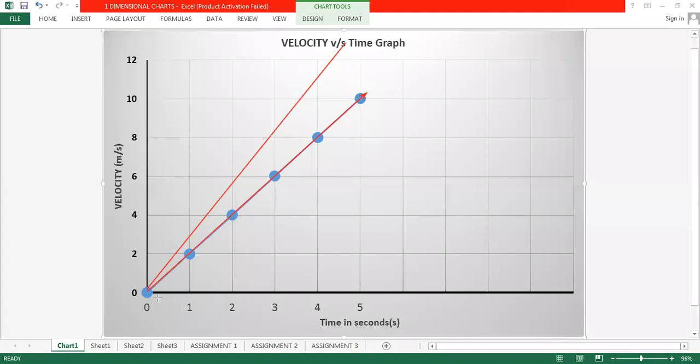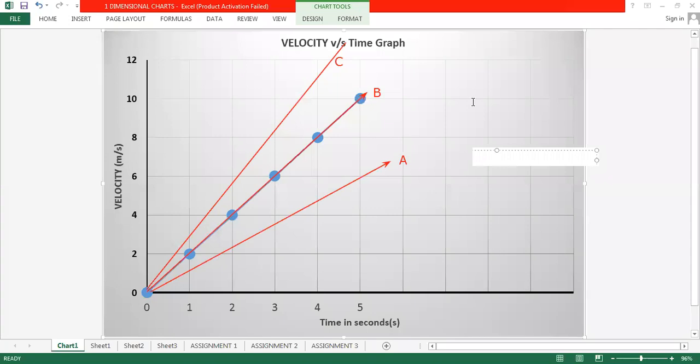Yes or no? So whenever we get a straight line inclined to x-axis, what does this indicate? It indicates uniform acceleration. Okay. Now out of these three lines, which line is more steeper? Assume this is line A, this is line B, and this is line C. Which line is more steeper?